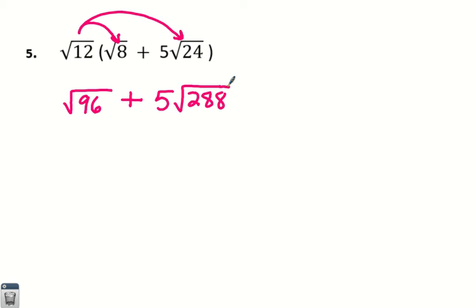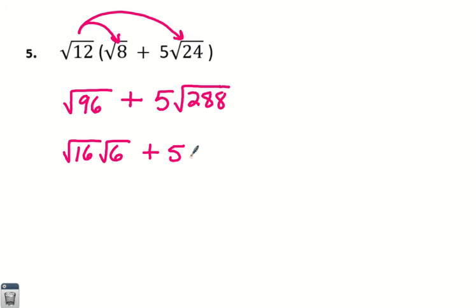So root 96. How can I break up? Or can I just do root 96? Let me double check this. Nope. Root 9, I didn't think so. Root 96, you cannot do clean, but can you break off? Yeah. So I can break off that, because I can do the square root of 16. And so I'm going to break up root 96 like this.